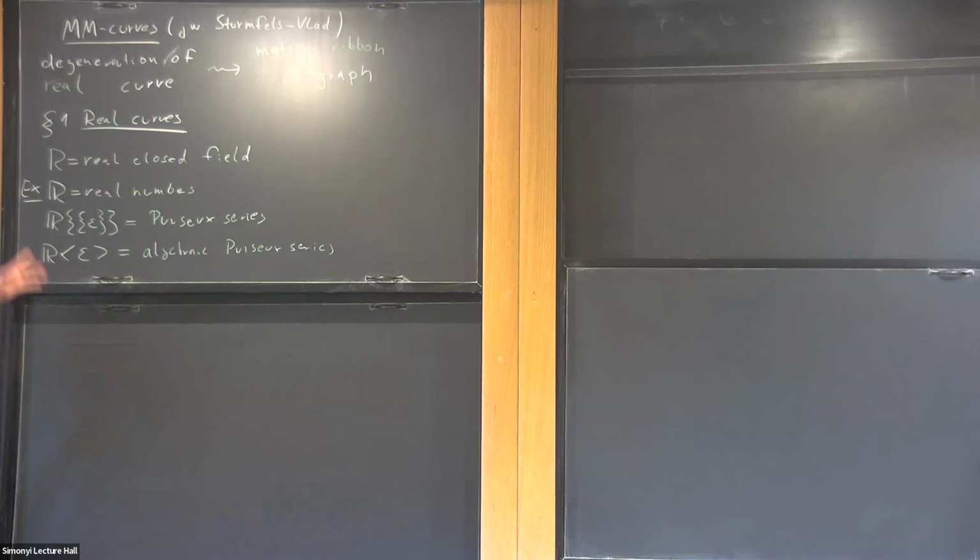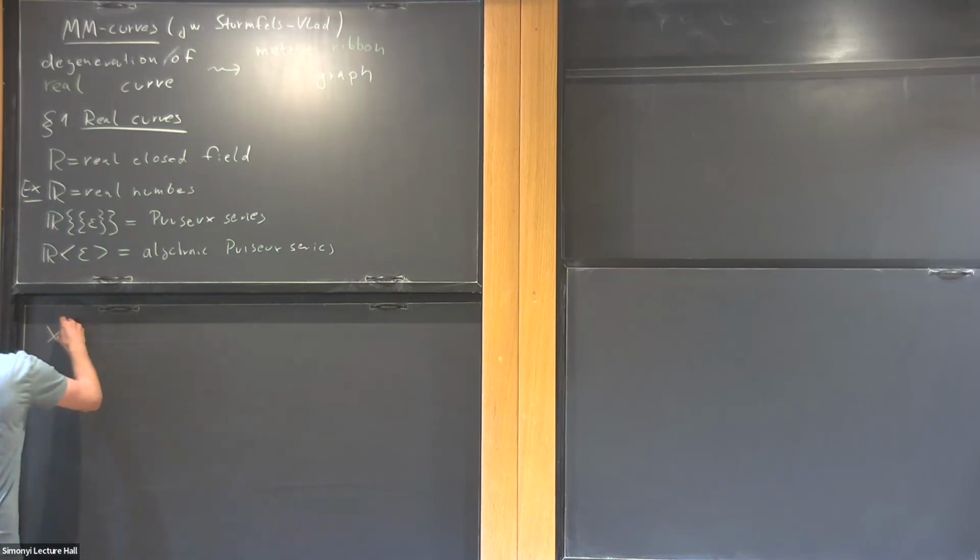So, real curves. Over the complex numbers, first there's one discrete invariant, the genus, and then fixing the genus, there's a connected continuous space of curves. Over the real numbers, there are more discrete invariants.